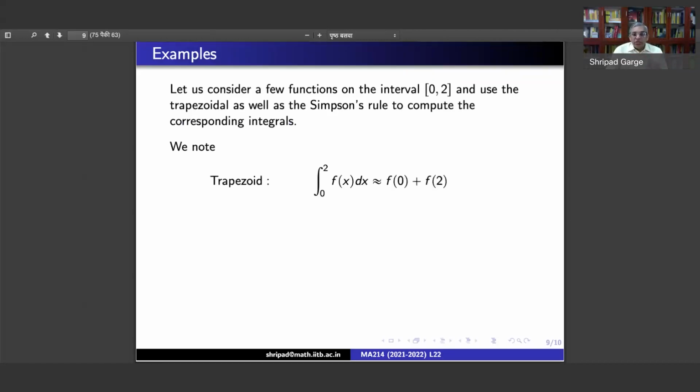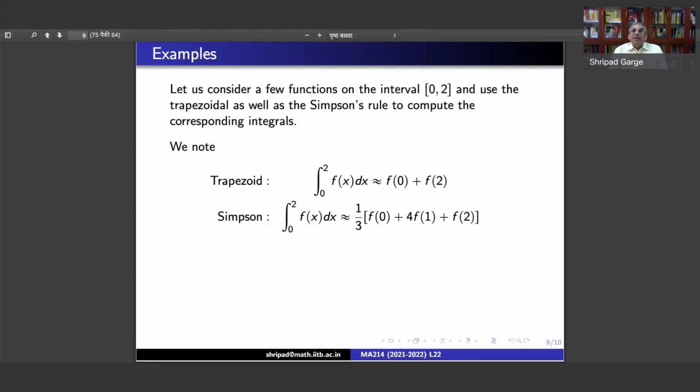Our h is 2 now, and the trapezoidal rule says that the integral from 0 to 2 of f(x) dx is h by 2 times (f0 plus f2), which is just f0 plus f2. And the Simpson's rule gives you h by 3, where h is (b minus a) by 2. In Simpson's rule, h is half the length of the interval, which is now 1. So indeed it is 1 by 3 times (f0 plus 4 f1 plus f2).